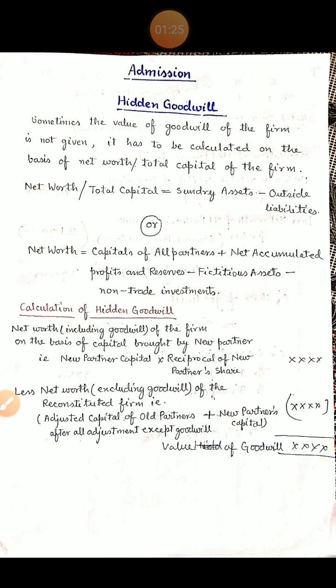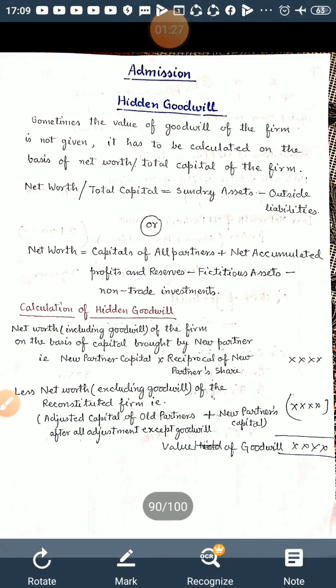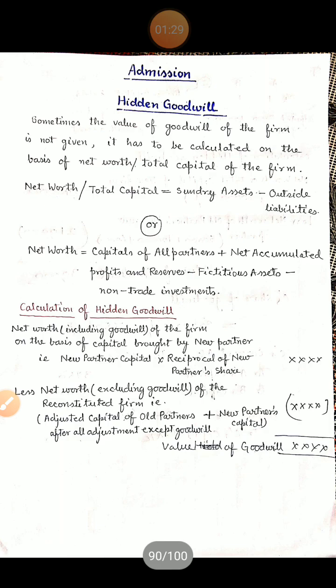We have methods to calculate the value of goodwill on the basis of the information available. So today I'm going to discuss how to calculate goodwill when goodwill is hidden in the question, meaning the value of goodwill is not given in the question. Hidden goodwill can be calculated on the basis of the total capital of the firm.